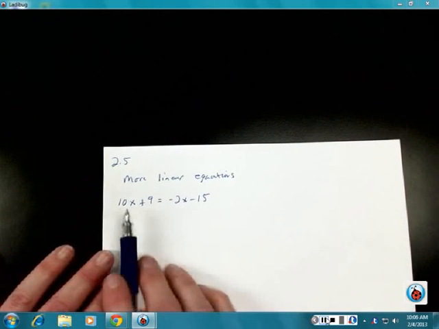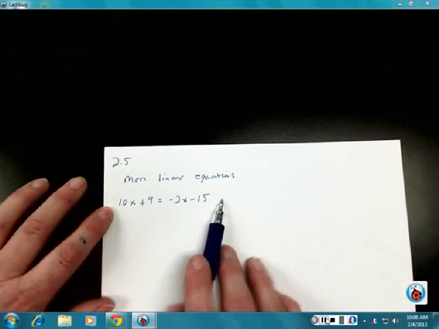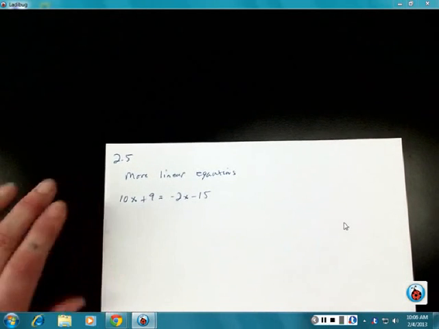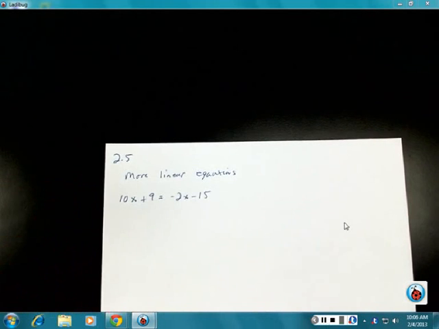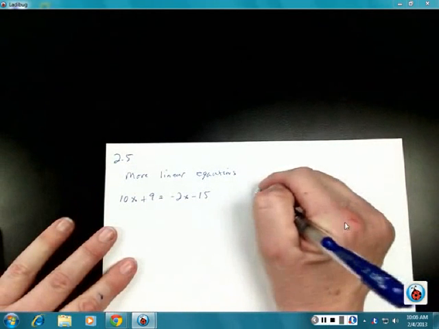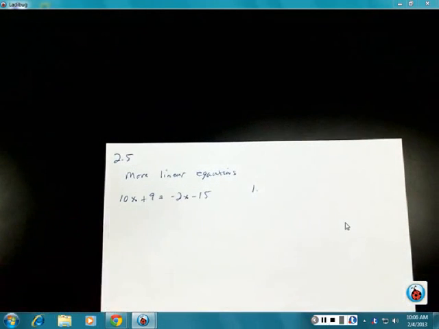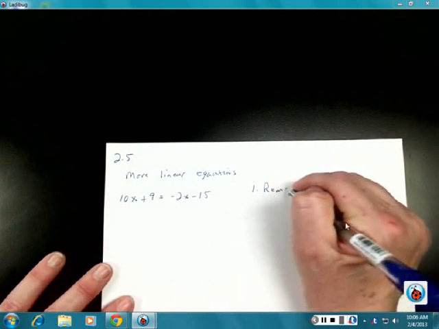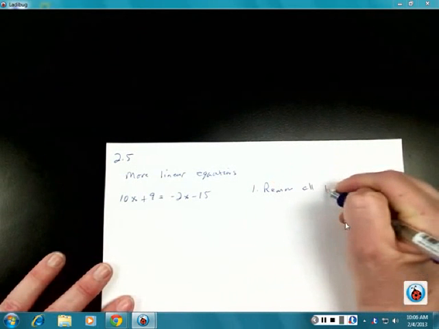So when you solved it, you only had that one step in there. With these, I'm going to give you all of the steps that you need to go through. For step 1, it says to remove all distributions.